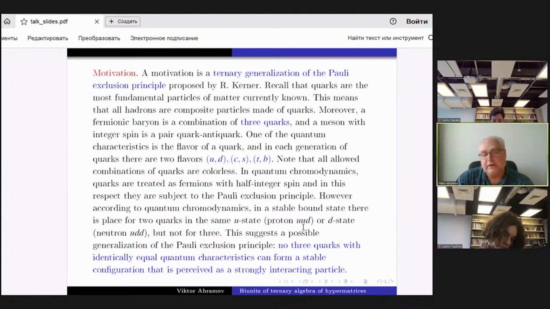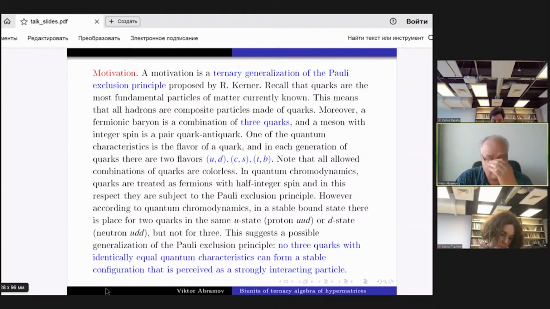For example, a proton is a UUD state, with 2 U states. A neutron is a combination UDD. And Richard proposed a generalization, which he called the Ternary generalization of the Pauli exclusion principle: no 3 quarks with identically equal quantum characteristics can form a stable configuration that is perceived as a strongly interacting particle. Of course, I'm not a physicist.